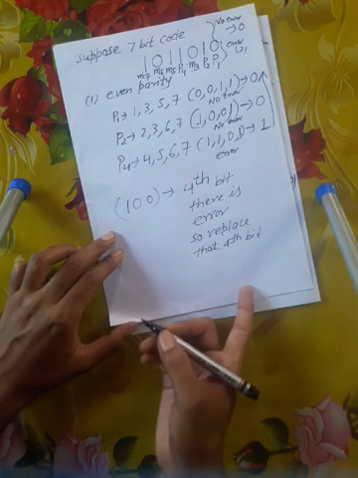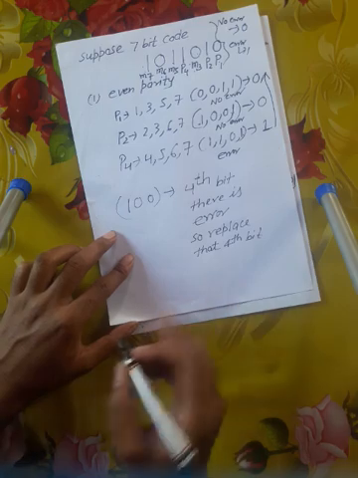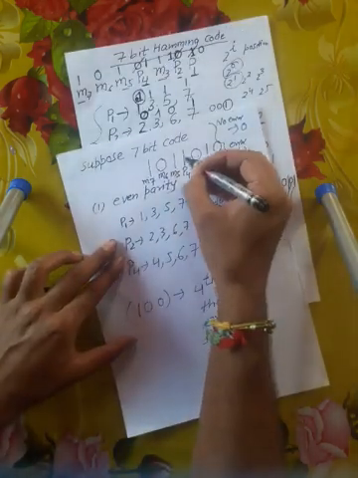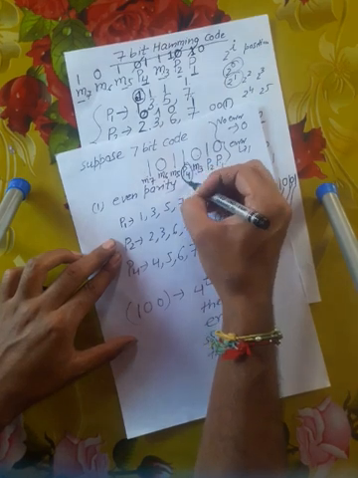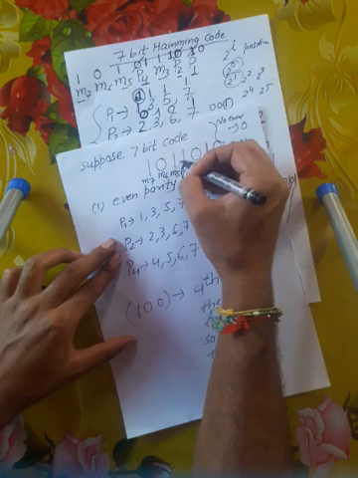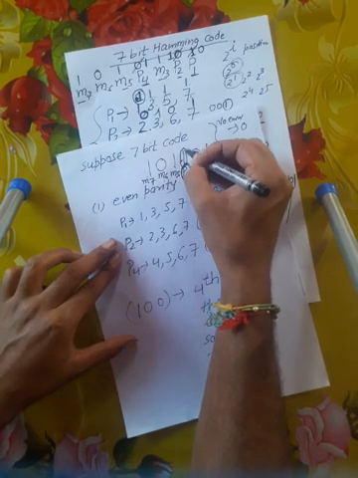If its value is 1, then you have to replace by 0. If its value is 0, replace by 1. So there is error in fourth bit. This is your bit, so you have to replace this bit.